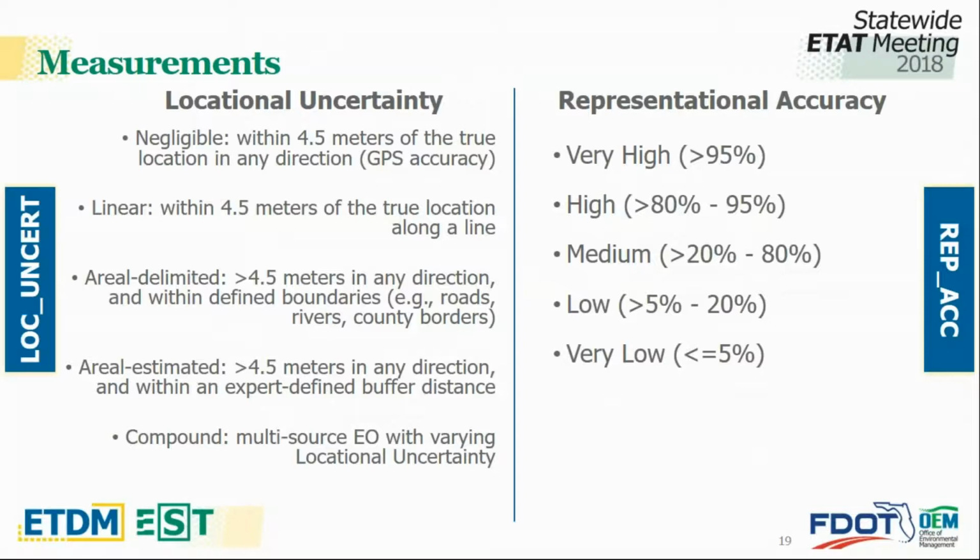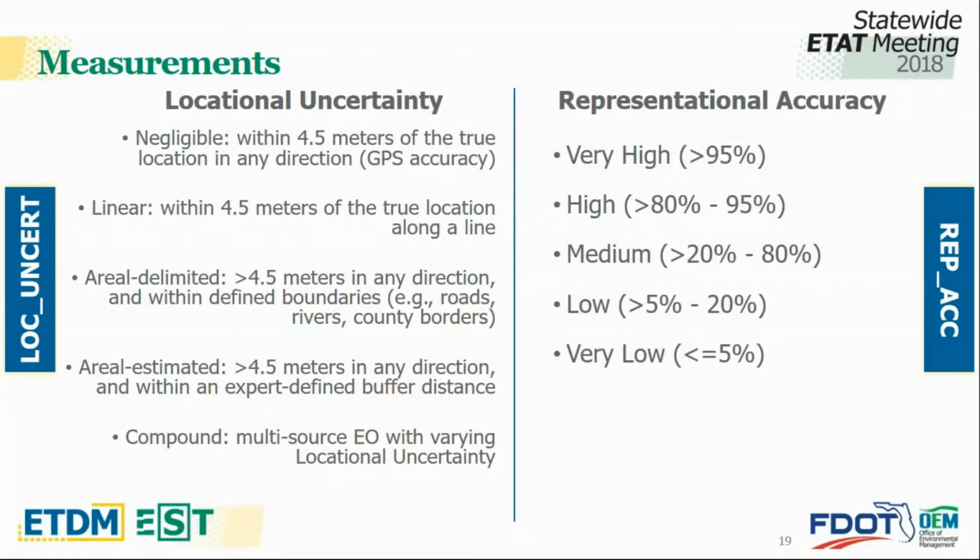These two descriptors can be defined in the following measurements. Locational uncertainty is categorized into 5 categories that describe the proximity of accuracy of the data point. These factors are not on a sliding scale.